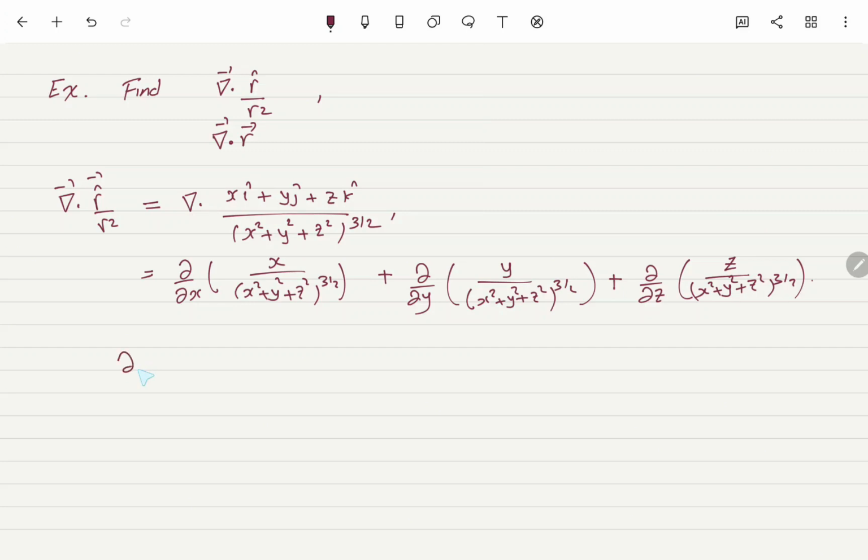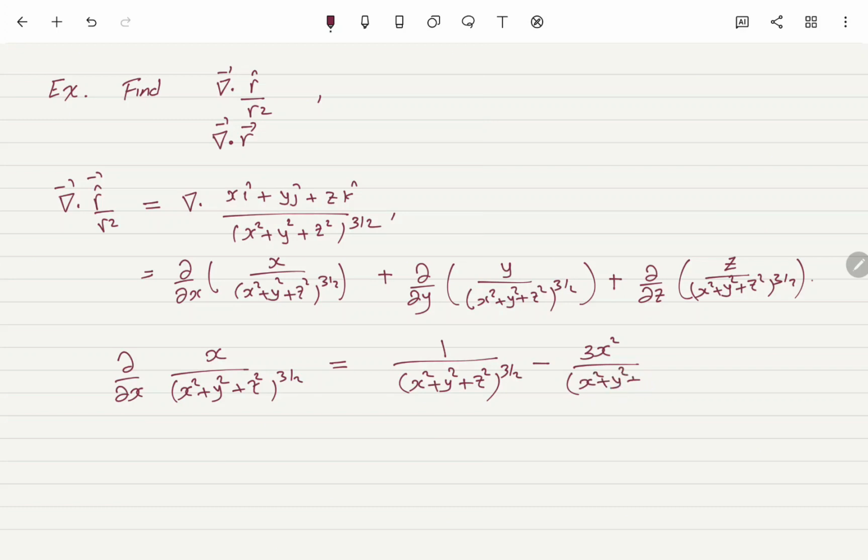Now ∂/∂x of x over (x² + y² + z²)^(3/2) is actually equal to 1 over (x² + y² + z²)^(3/2) minus 3x² divided by (x² + y² + z²)^(5/2).